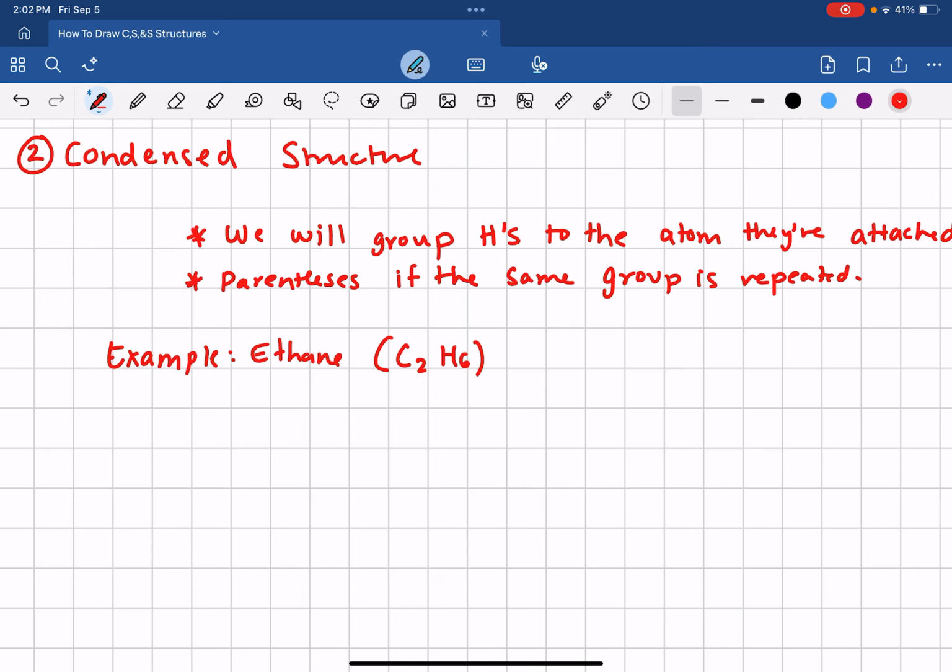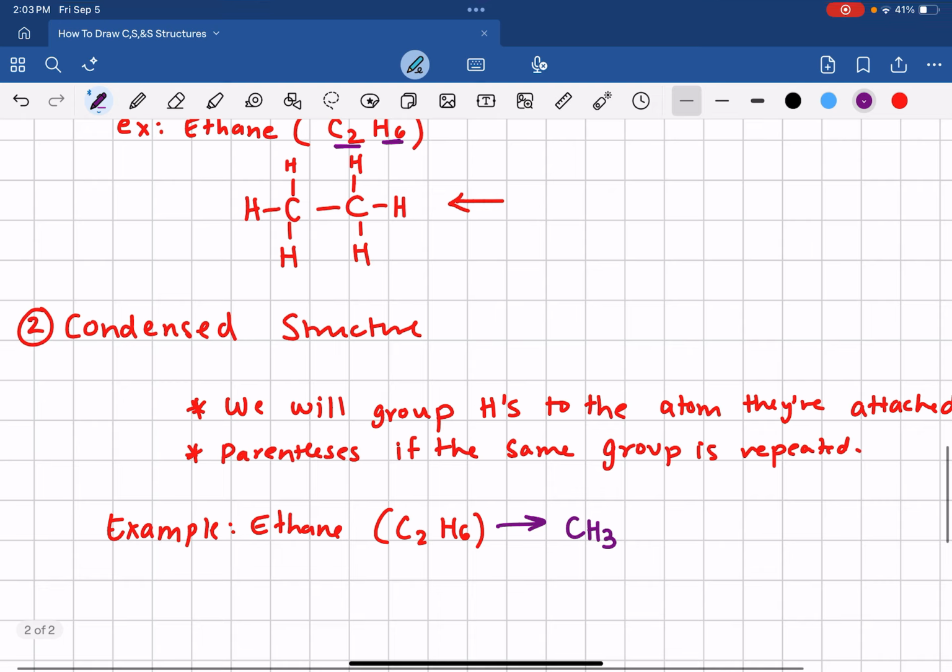How do we write a condensed structure for ethane? Well, it is simply CH3 because it was bonded to 3 hydrogens, CH3, and then we continue and write the other carbon as CH3.